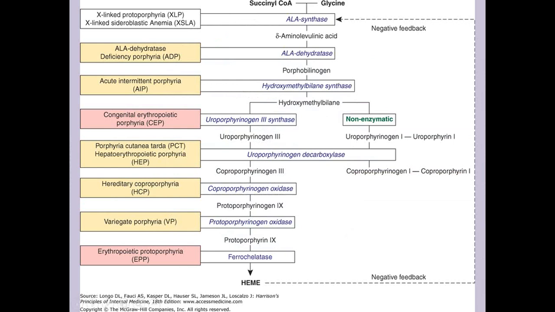In this heme synthesis, if any of these compounds are accumulated due to the deficiency of their specific enzyme, then this heme synthesis cycle will be stopped. Accumulation of heme gives a negative feedback response to ALA synthase to inhibit the new formation of heme.